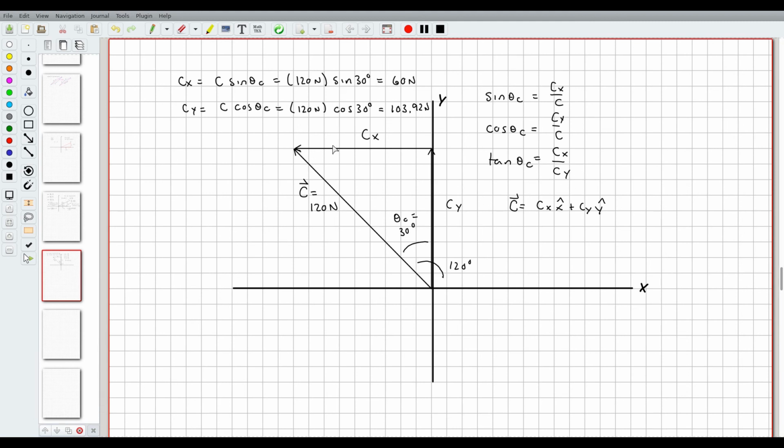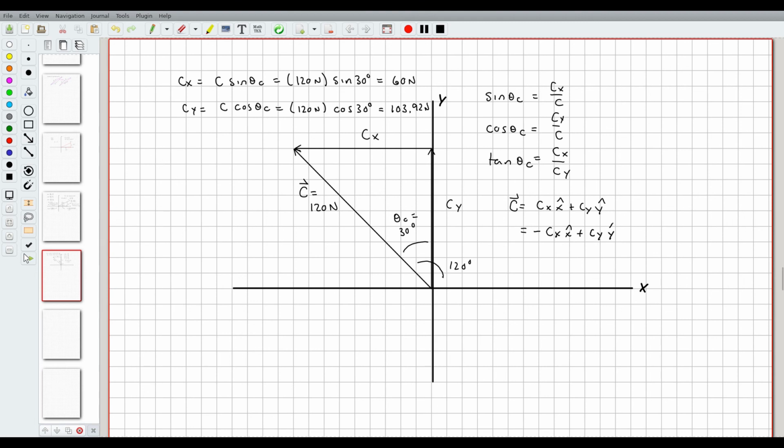But as you can see here, the y part points up, the positive y direction, but the x part points down the negative direction right here. So to correctly account for that, the x part has a negative sign in front of it. And that is one of the first real lessons.